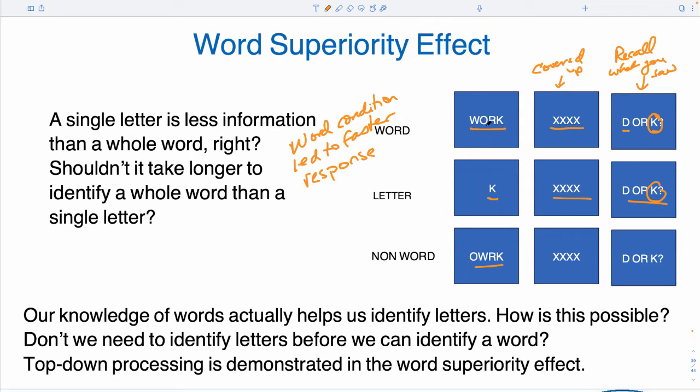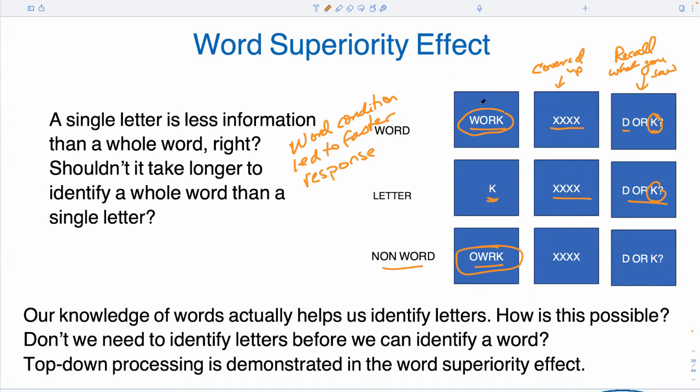And again, that's kind of counterintuitive because there's more items here that you would have to sort of scan through your memory than in this condition. And it was also faster, by the way, than the non-word condition. So there's something that's going on when we perceive a word as opposed to a single letter or a series of individual letters that's different.